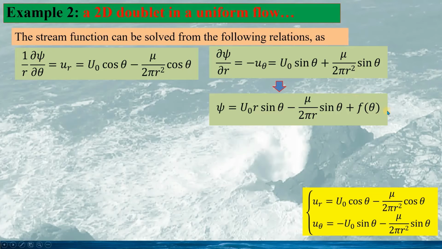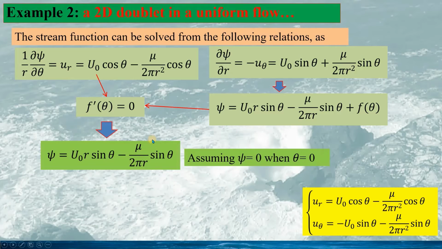Here we have an unknown function f of theta. Combining these two expressions, we find f prime theta, the differentiation of f with regard to theta, is 0. Thus, we can obtain the stream function psi given as this. Here, we assume psi equals 0 when theta is 0.